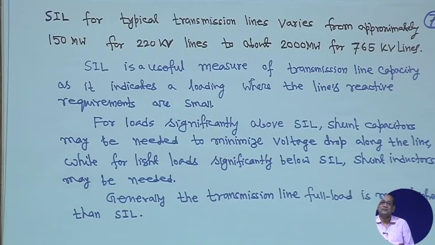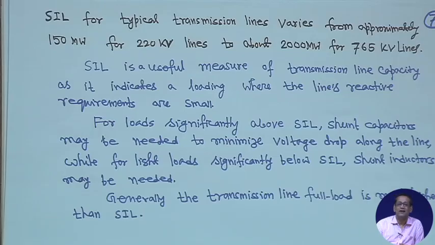So, whatever we have studied for this long transmission line: the surge impedance loading, then the velocity of propagation, then the wavelength lambda, and the physical significance of the surge impedance loading and the terminal conditions. Then we saw that under no load condition, the receiving end voltage is higher than the sending end voltage.